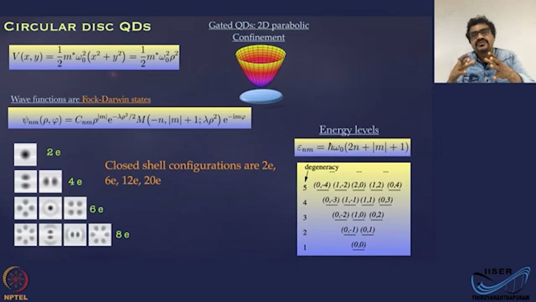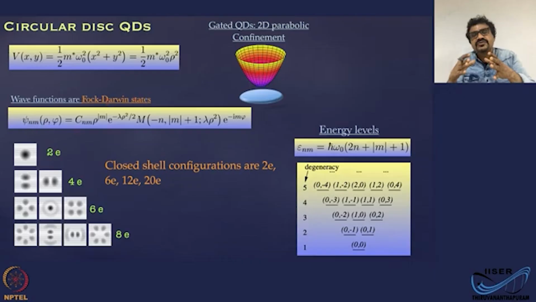And this is a well-known potential and well-known problem, and the wave functions for the Hamiltonian, when you have a two-dimensional parabolic confinement, are called Fock-Darwin states.